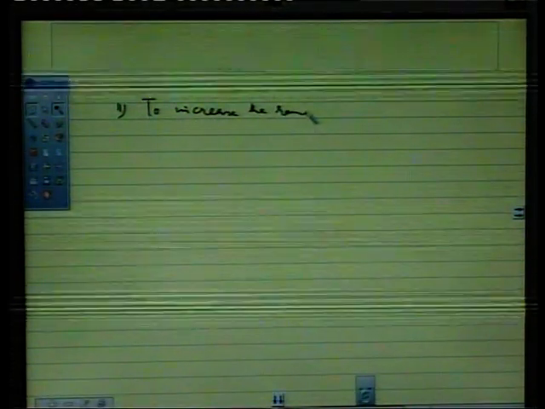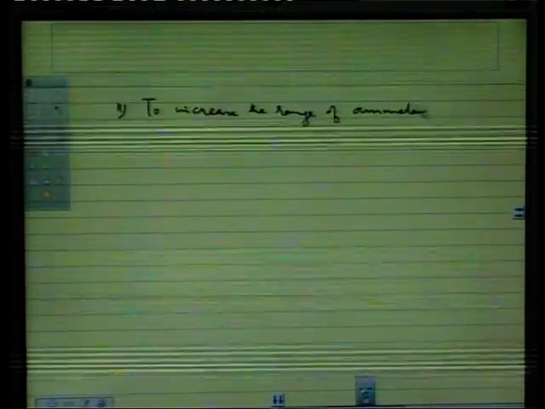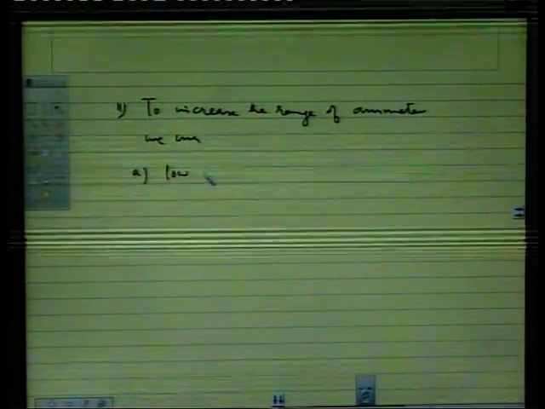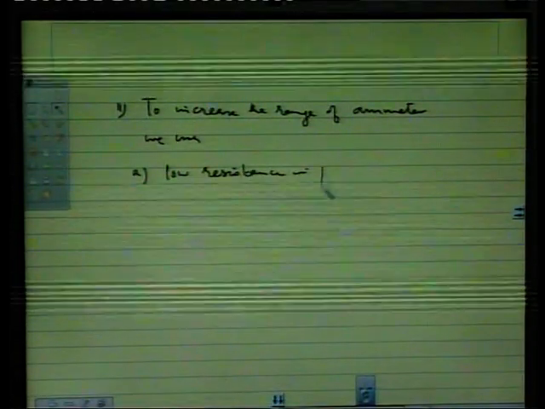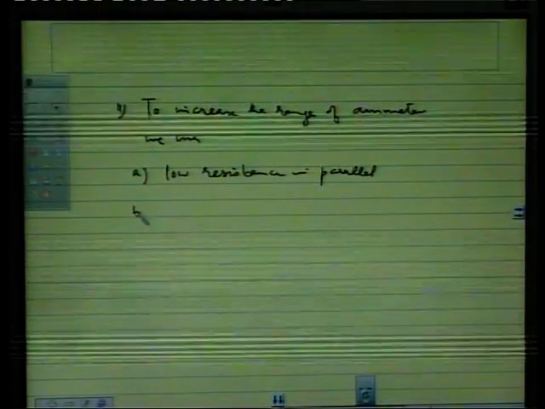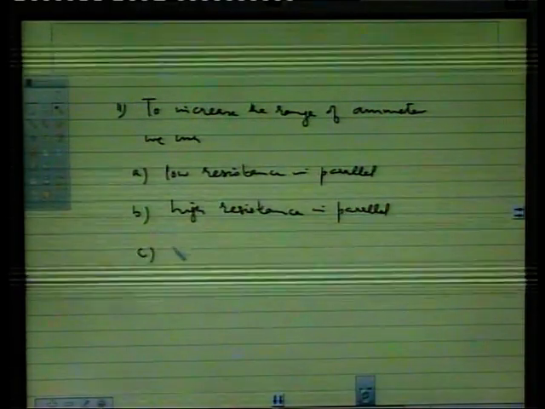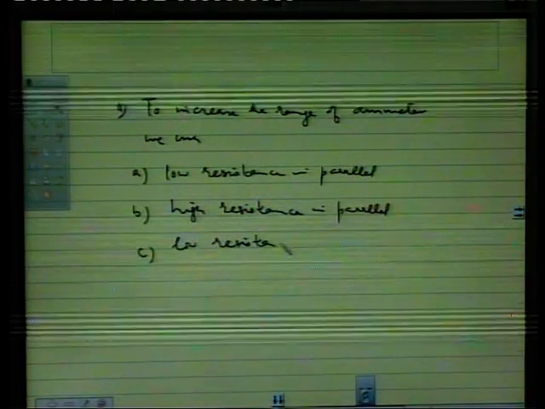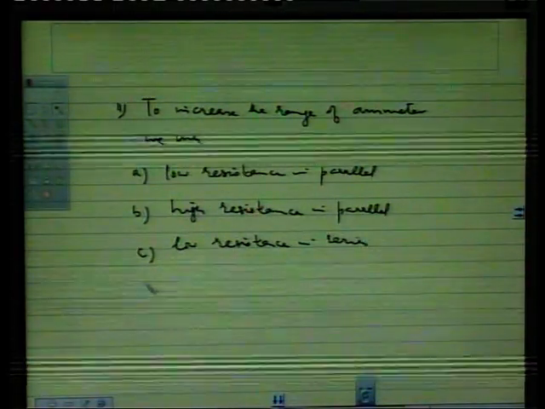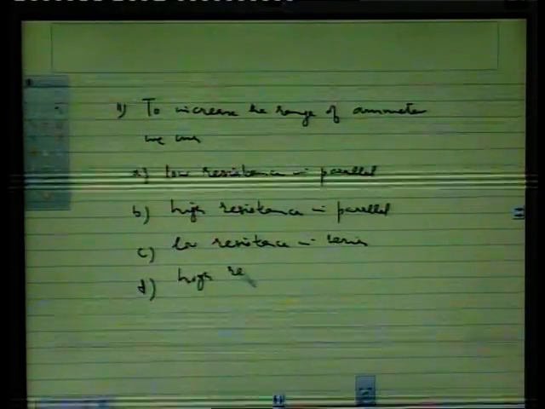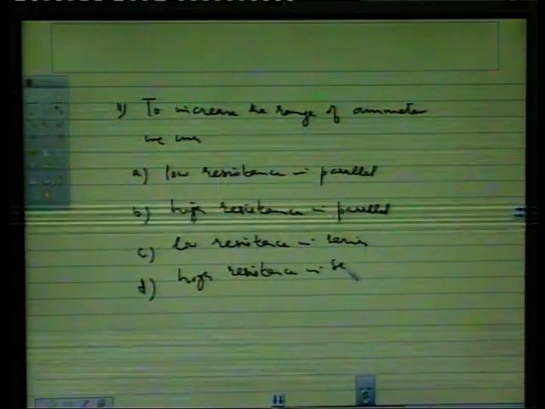The second question in multiple choice is, to increase the range of ammeter, we use A low resistance in parallel, B high resistance in parallel, C low resistance in series, D high resistance in series.